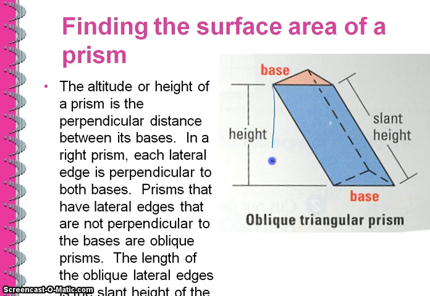It's the same because this would look like this if it were a right prism. But prisms that have lateral edges that are not perpendicular to the bases are called oblique prisms. So you can see this is a lateral edge and it's not perpendicular to the base. So that is called an oblique prism, and the oblique lateral edge really is the slant height of that prism.